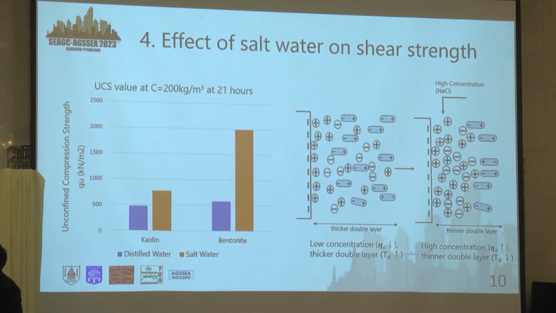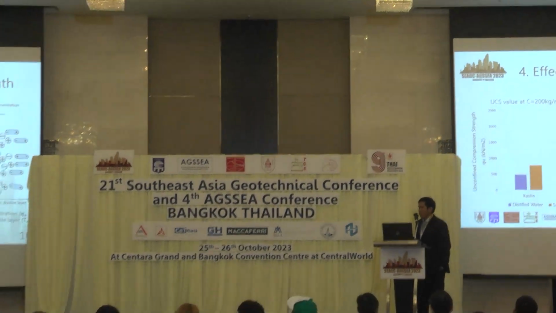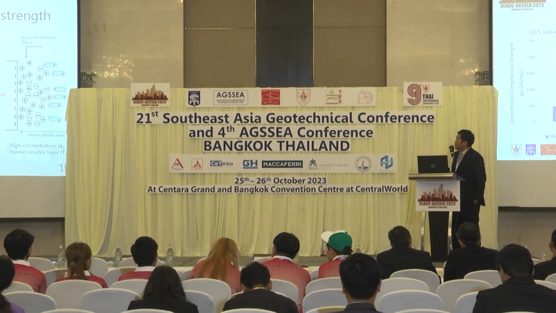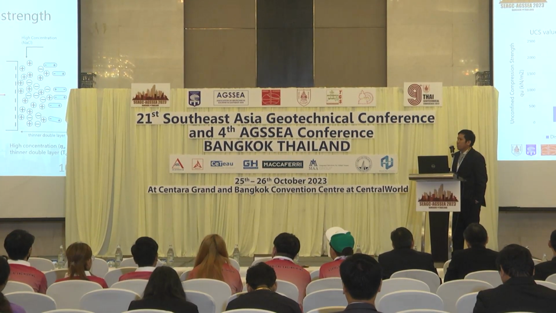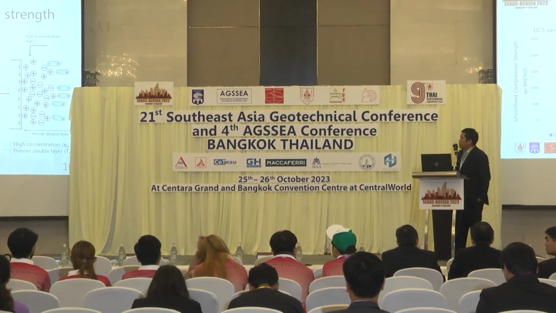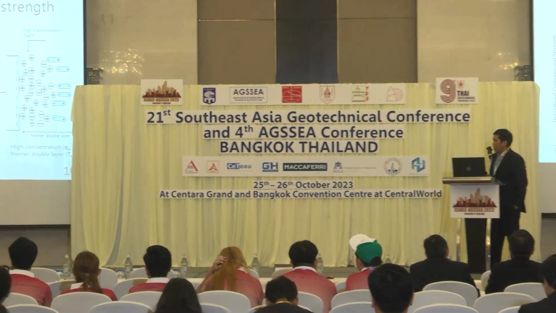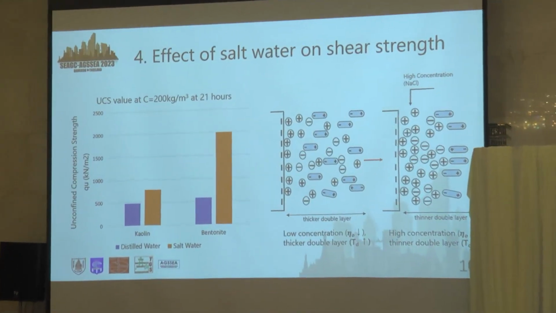The possible reason for this phenomenon might be the diffuse double layer phenomenon: when there is a high concentration of sodium chloride, it makes the soil particle layer thinner. That makes more friction, and finally the UCS value becomes higher. And it was significant with bentonite because its capacity for holding water is very high compared to kaolin.